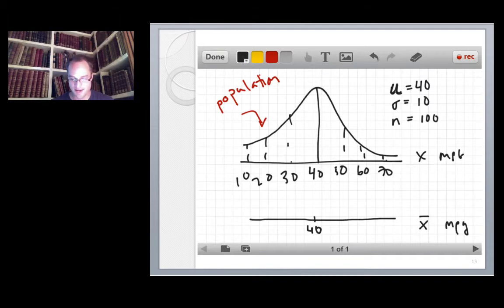But the standard deviation of this distribution is not sigma. It's sigma divided by the square root of n. So the standard deviation of this distribution, the standard error, is 1. So 3 standard deviations away from the mean looks like this.